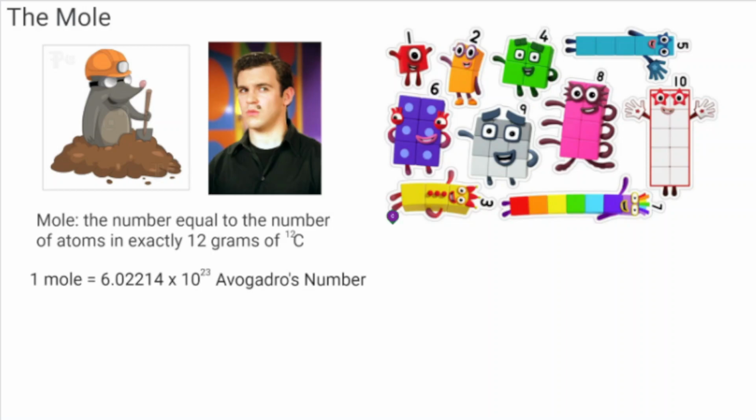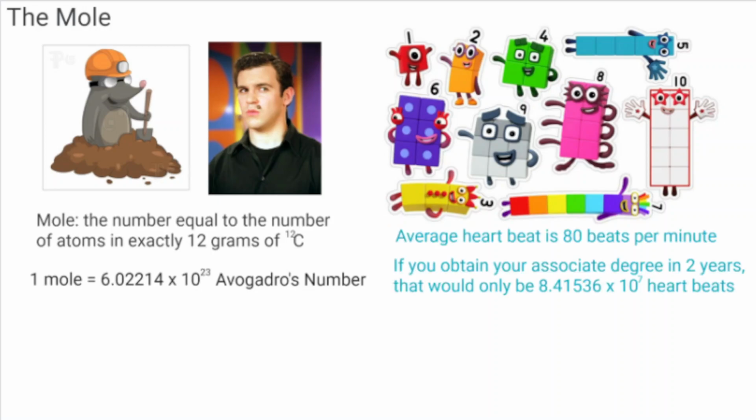Now, one way we can look at this is we can consider the average amount of heartbeats someone has. It's 80 beats per minute. And if you attain an associate's degree in 2 years, that would be 8.4 times 10 to the 7 heartbeats to obtain that degree. Now, this is nowhere near Avogadro's number.